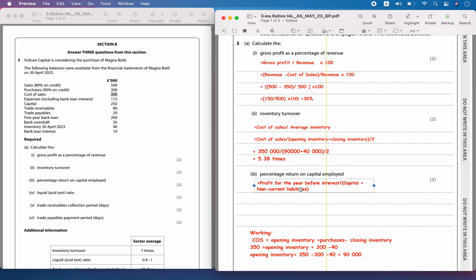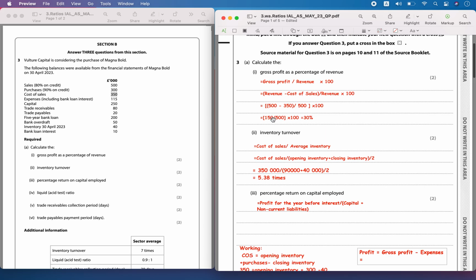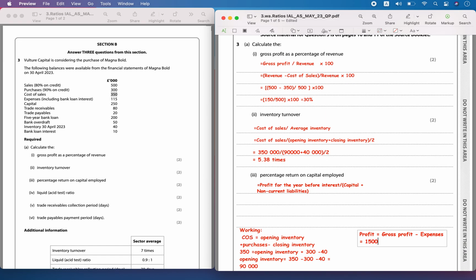Then we have percentage return on capital employed. So let's calculate the profit first. The profit is equal to gross profit minus expenses. The gross profit we had calculated was 150,000, minus expenses.